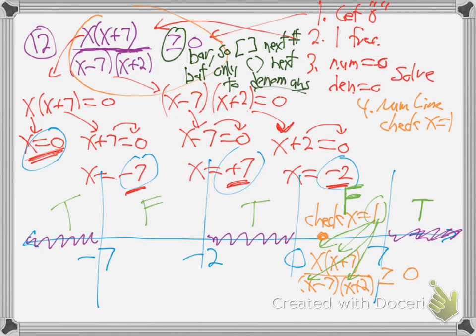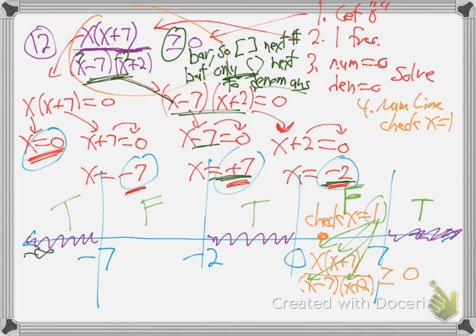The answers that came out of the denominator that make the denominator 0 have to have parentheses because you can't be right on those answers, because they make the denominator 0. Right here, see where we took the denominator over to here, solved it, got 7 and got -2. Those came out of the denominator. 7 would make that part of the denominator 0. -2 would make that part of the denominator 0. So 7 and -2 must have only parentheses.